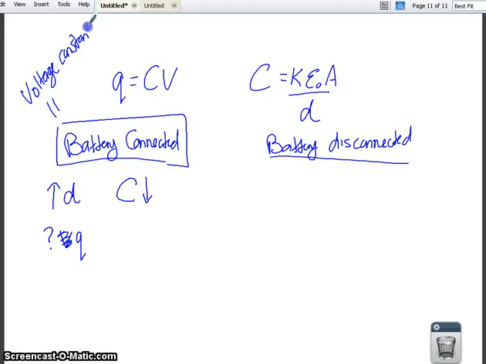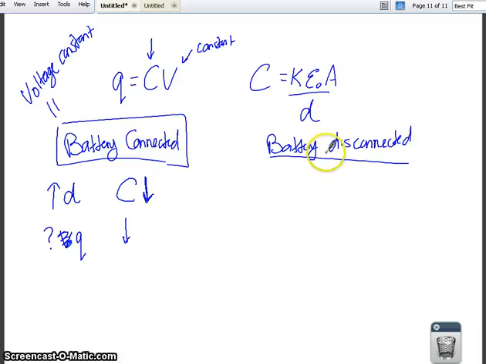So in this equation, voltage is constant, the capacitance is going down, and because the capacitance is going down, charge is also going to go down. If capacitance went down by 2, charge goes down by 2. That is with the battery connected.